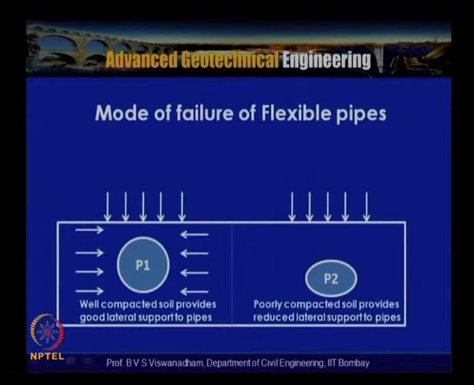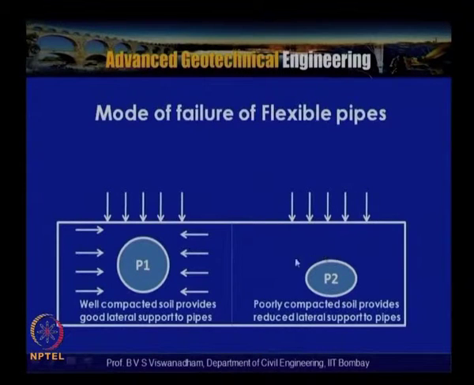Similarly, for the mode of failure of flexible pipes, well compacted soil provides good lateral support to the pipes, but poorly compacted soil provides reduced lateral support. So the pipe undergoes changes in its shape, particularly flexible pipes.